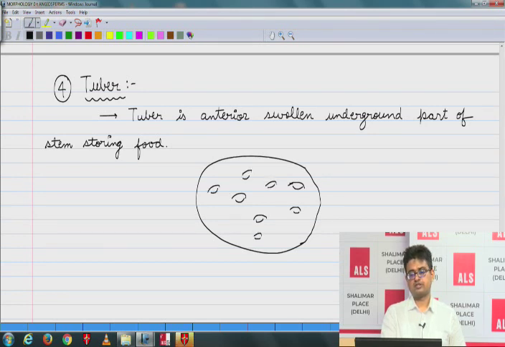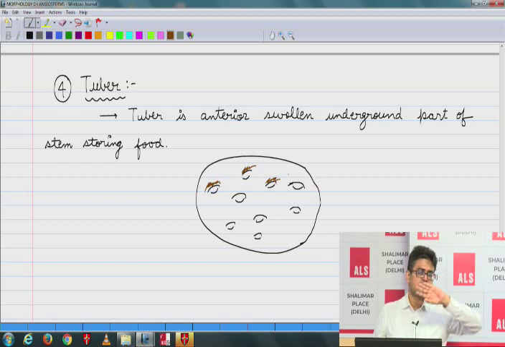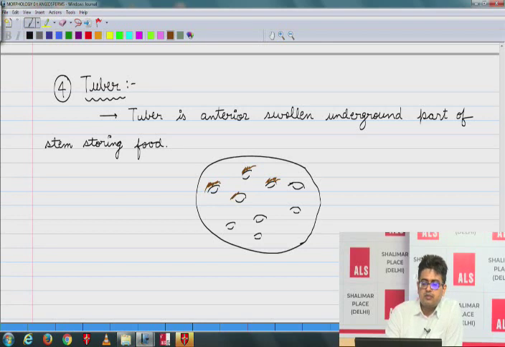How will you confirm that this is a bud? You will confirm that this is a bud because there is a scaly leaf. When you go to the market, you get potatoes which have this brown colored membrane-like structure coming over that. That is a scaly leaf. And if this is a scaly leaf, it must have a bud.